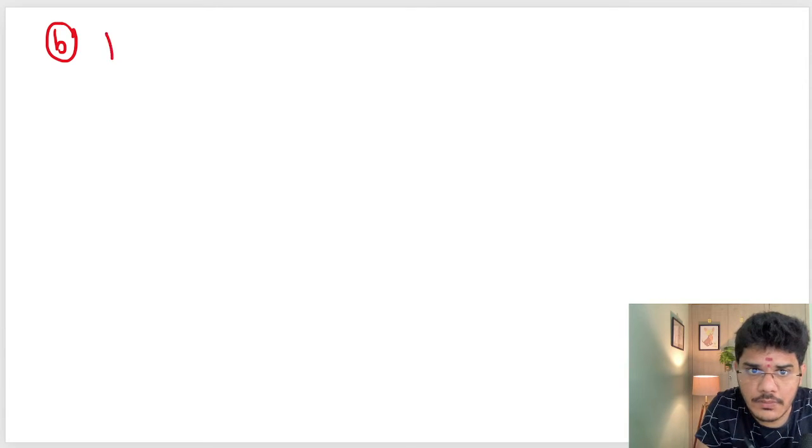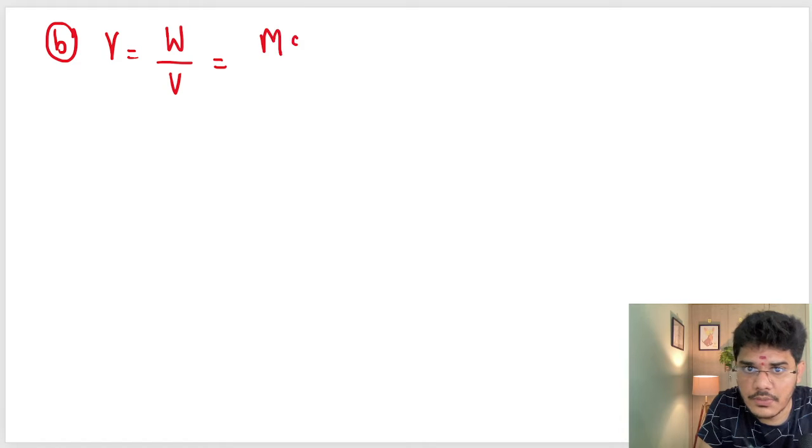Now unit weight. Unit weight is equal to weight by volume. So W is equal to M into g.